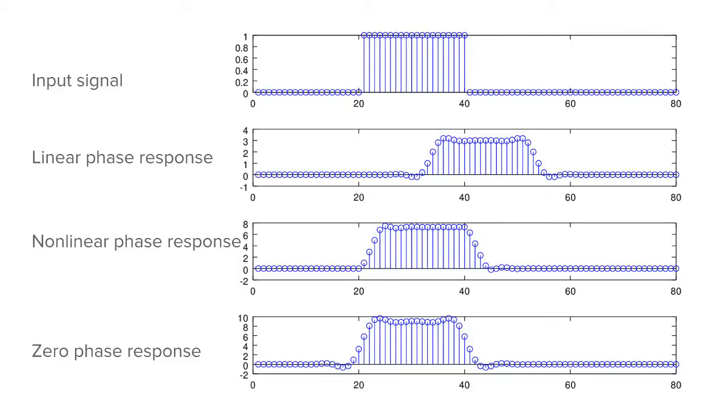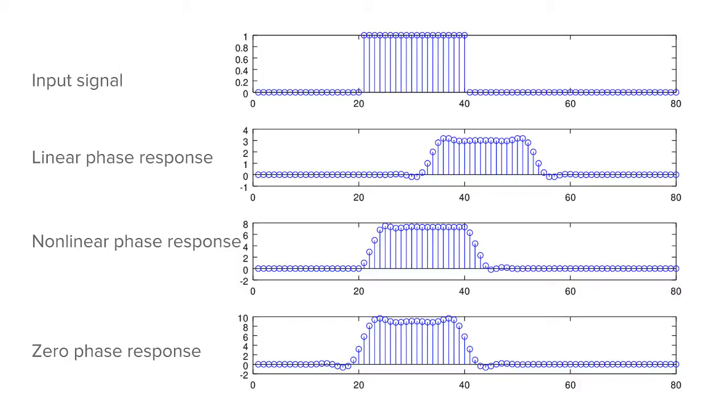For linear phase response, you have exactly the same edges. So the linear phase response system basically means that if you have a rising edge or falling edge, but otherwise the shape is the same, then it does not change the shape. It stays like that.